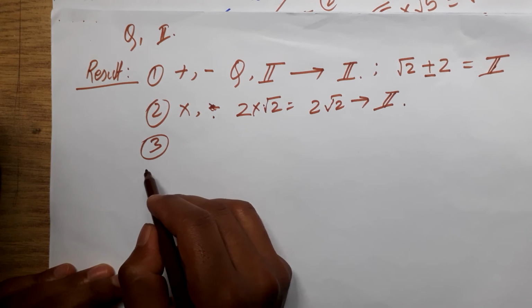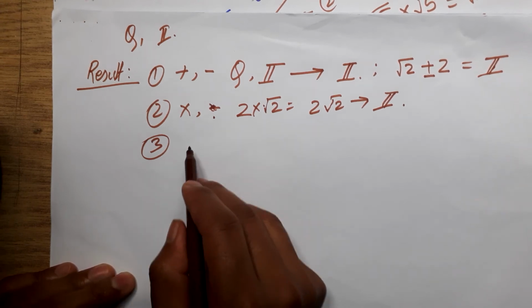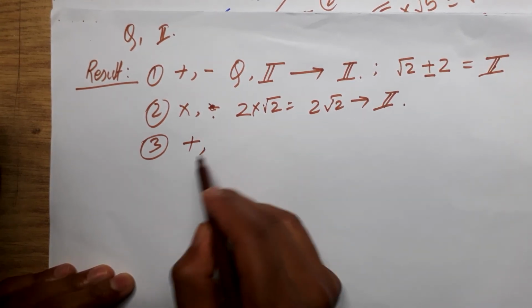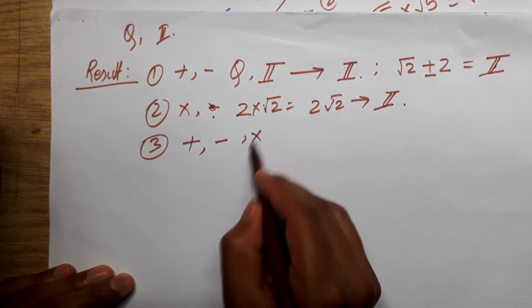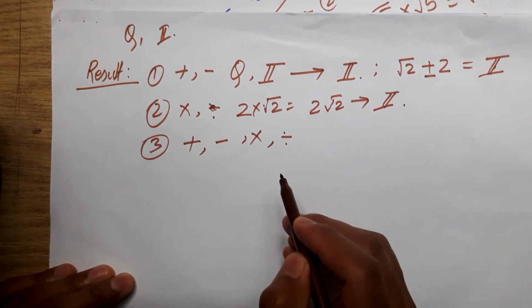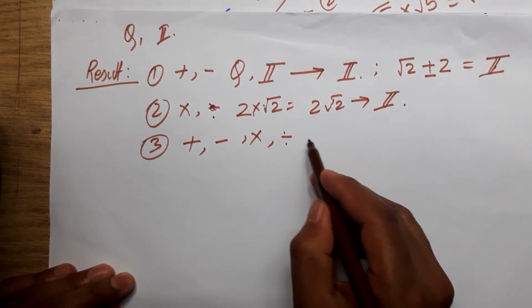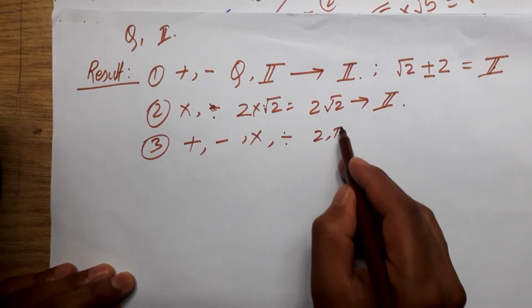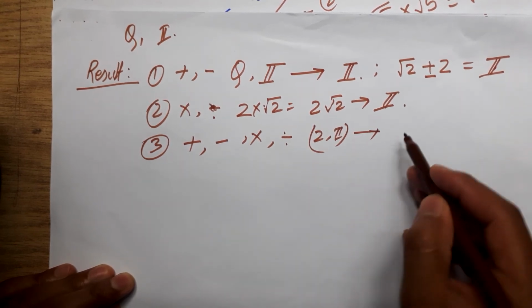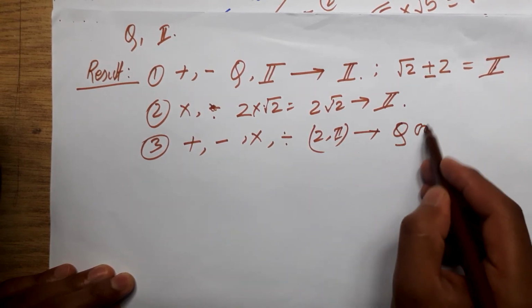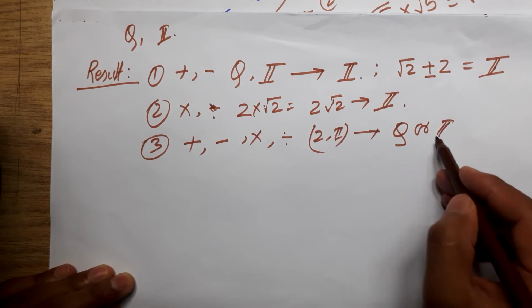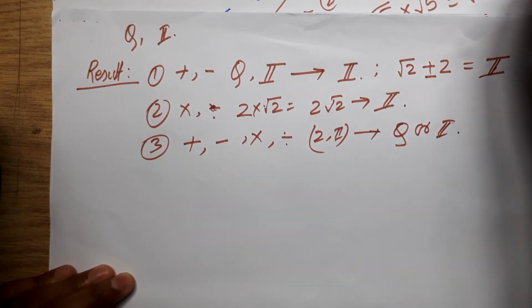Third case, if we add, subtract, multiply or divide two irrational numbers, the result may be rational or irrational. Example, just as we have seen here.